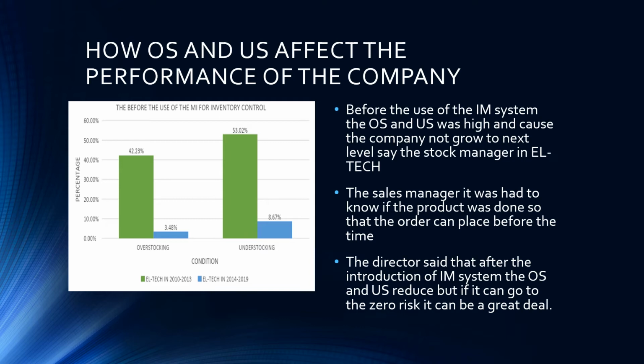Then the director said that after the introduction of the inventory management system, overstock and understock surely reduced, but if it can go to zero risk, it would be a great deal, which means if it can reduce further from 3% and 8%, it will be a good thing.